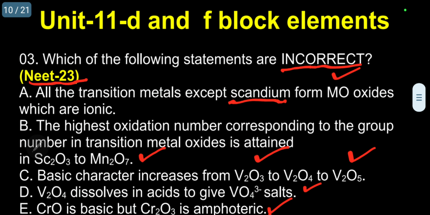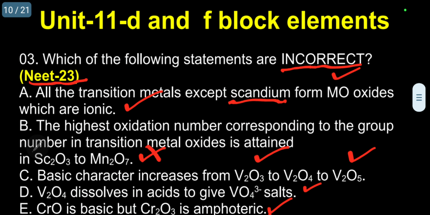All the transition metals except scandium form MO oxide, which is correct. The next one, the highest oxidation number corresponding to the group number in transition metal oxides is attained in scandium to manganese.